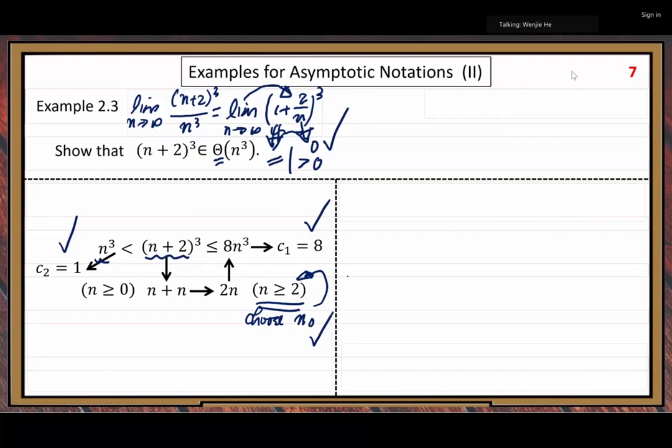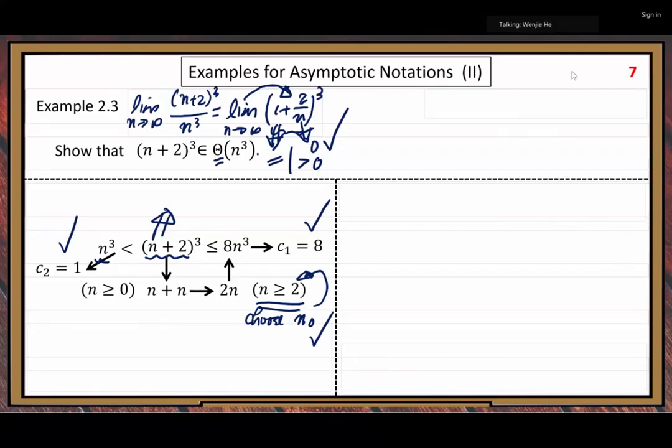Many students, when they solved this problem, first expanded this polynomial, because in their mind they feel more comfortable working on the expansion of the polynomial.